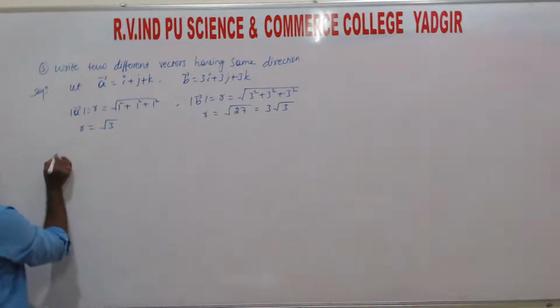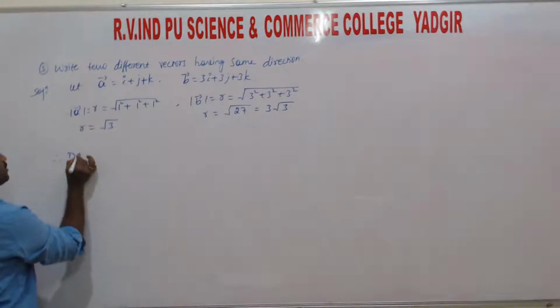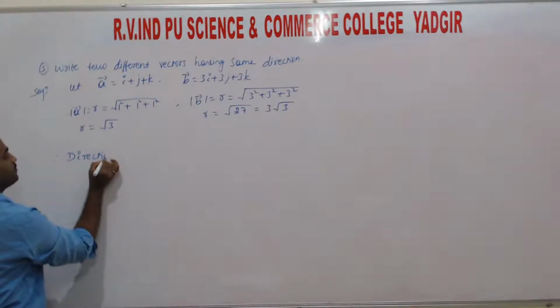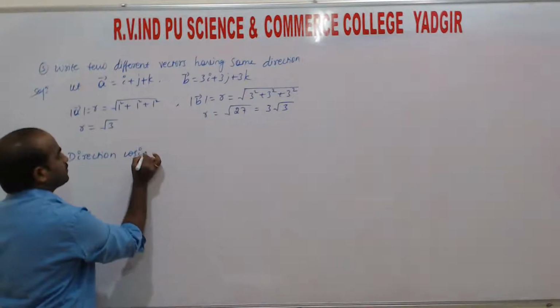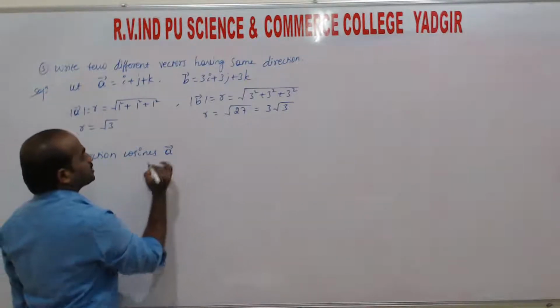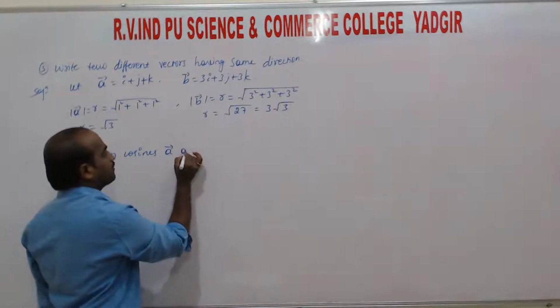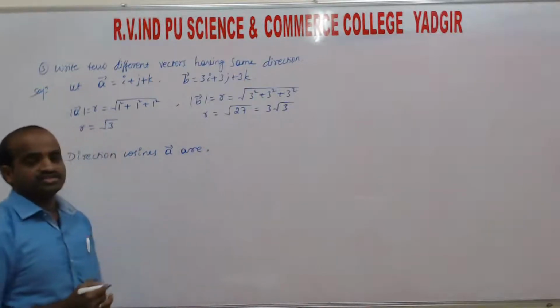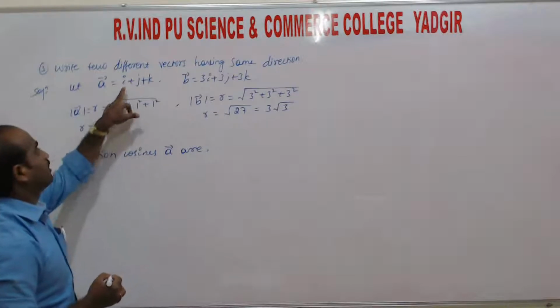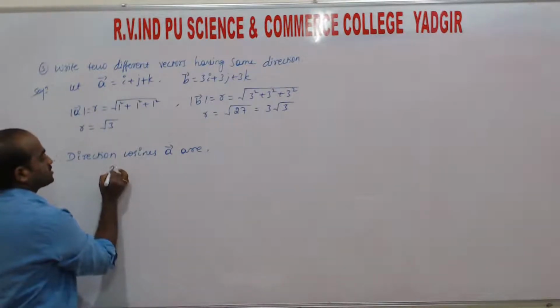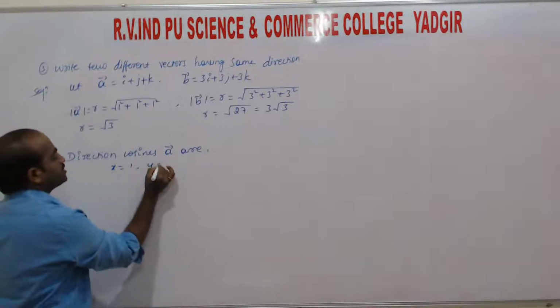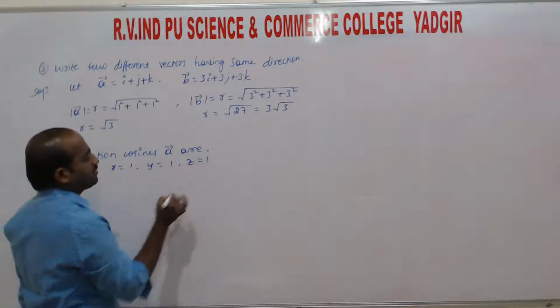Therefore, we have to find first the direction cosines of a vector. Here x is equal to 1, y is equal to 1, z is equal to 1.